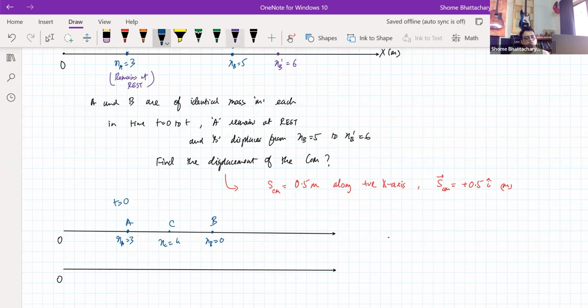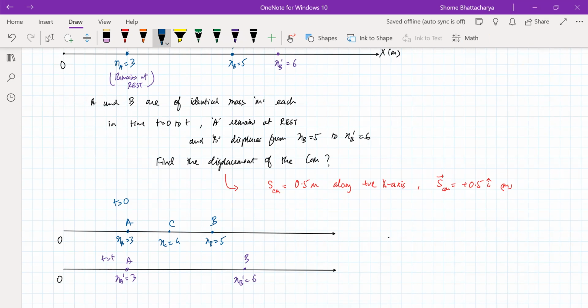Okay. But now when we come to the new time, A is located here only. A has not moved. A's position has remained 3, but B's position has changed to 6. So now where has the center of mass gone? 4.5.